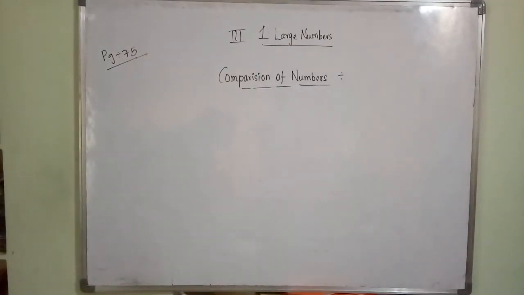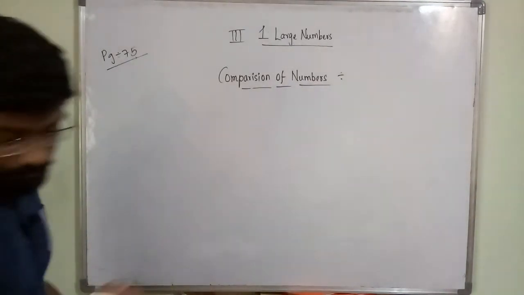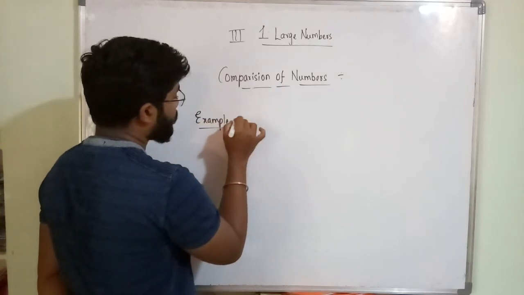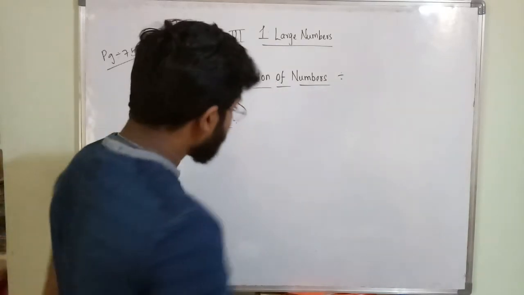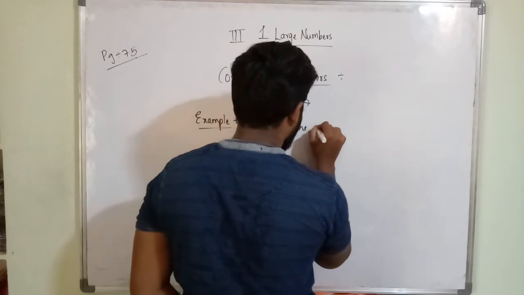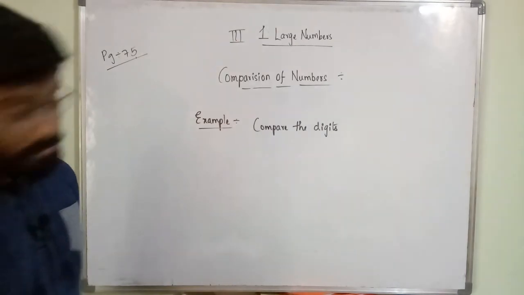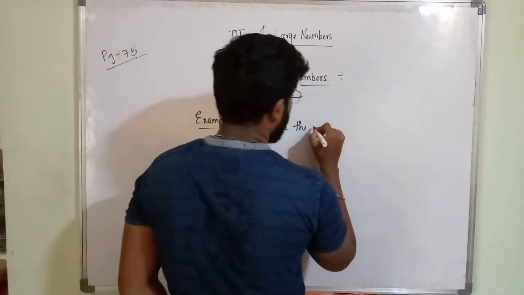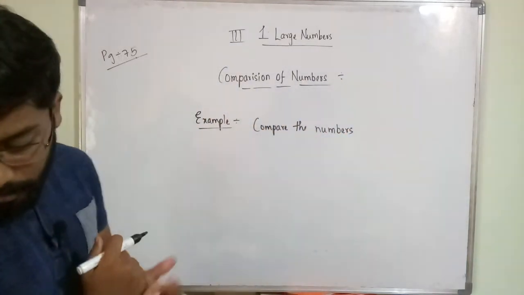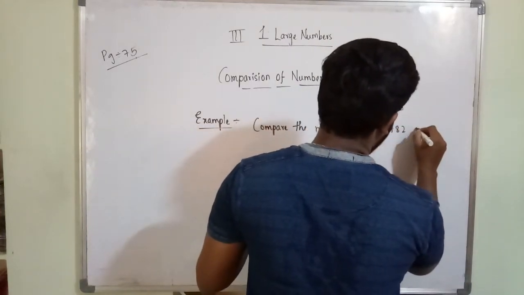So next example. Compare the numbers 22782 and 22781.